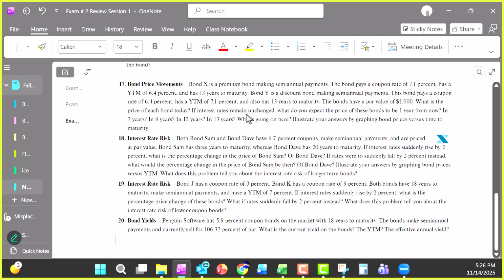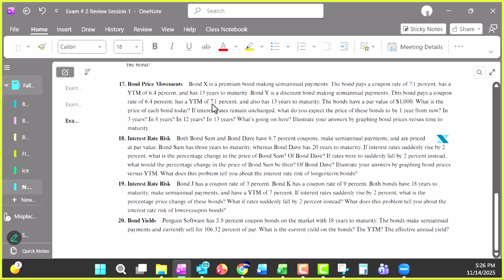Bond Y, let me see. Same coupon rates. No, same maturity. But this time coupon rate is 6.4, YTM is 7.1.